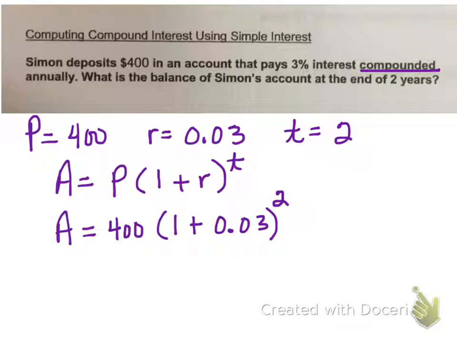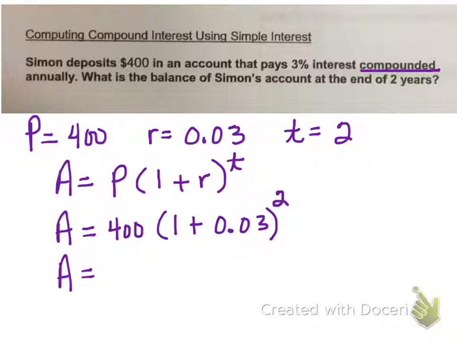Now what I like to do before I punch, you can actually put every bit of it into your calculator if you would like to. Okay? Let's just try to do it straight into our scientific calculator. So we would do 400, left parentheses, and you're going to make your calculator look just like the work that we've set up.